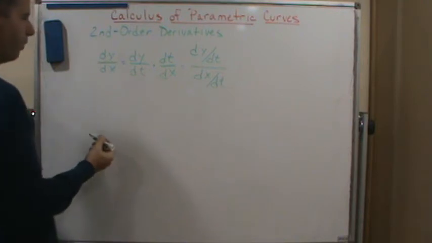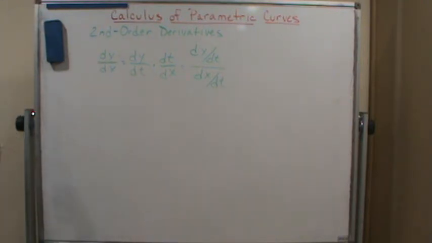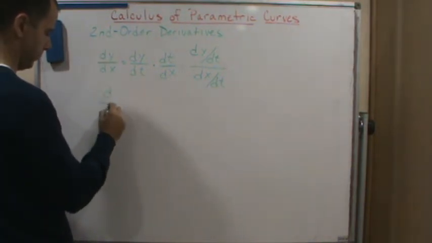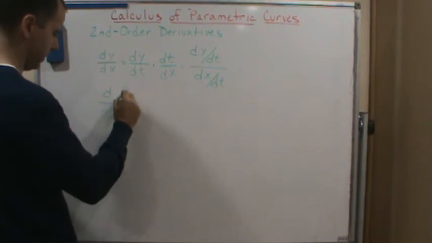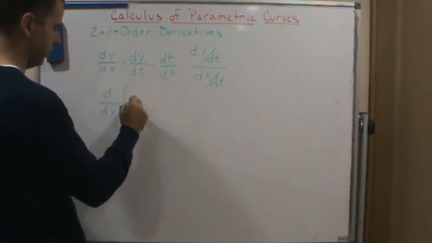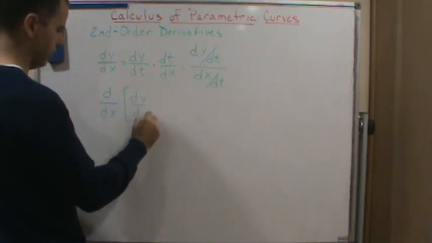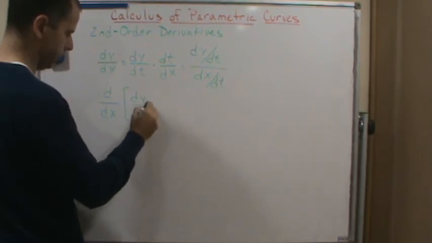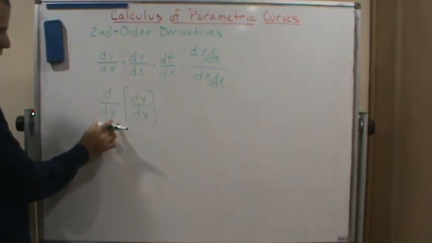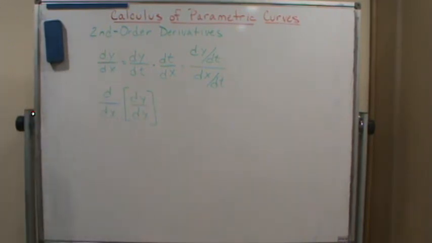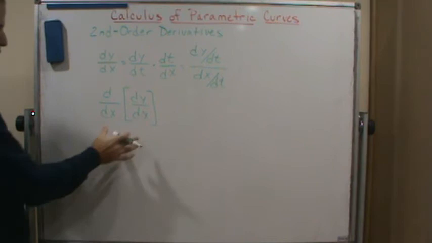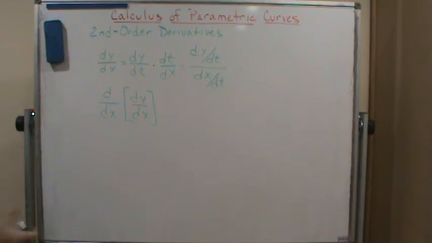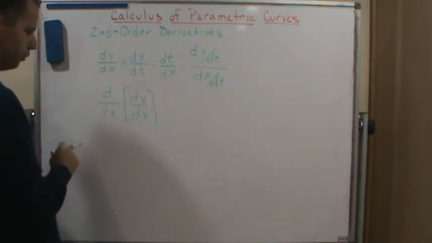Well, in this case we want to take the derivative with respect to x of dy dx, the first derivative. But this is in terms of x. So let's use the same thing that we did here to get the second order derivative. Let's use the chain rule here.